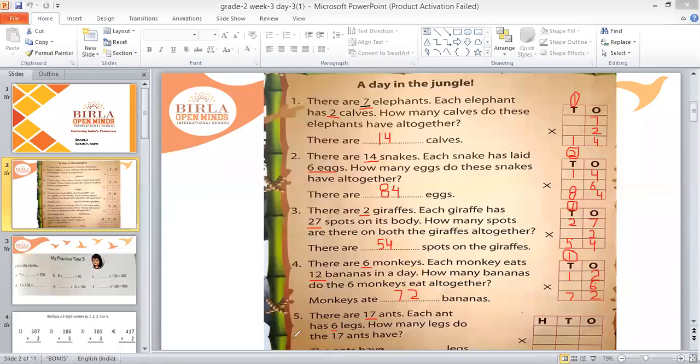How many legs do 17 ants have? Again, they gave you information about one ant, that one ant has 6 legs and there are 17 ants. Now they're asking you how many legs will 17 ants have, right? So what we will do, we will write again a 2-digit number first and then we'll write a 1-digit number.